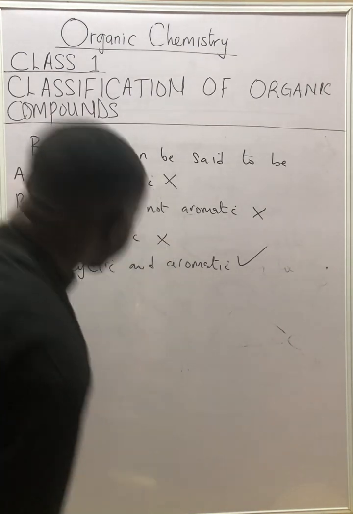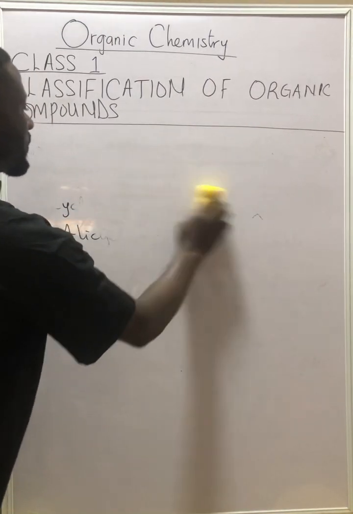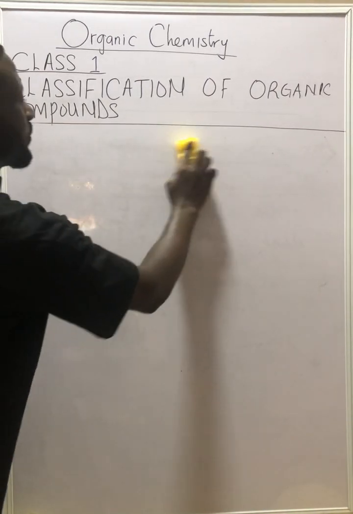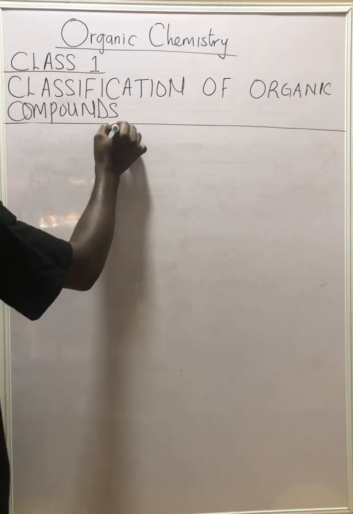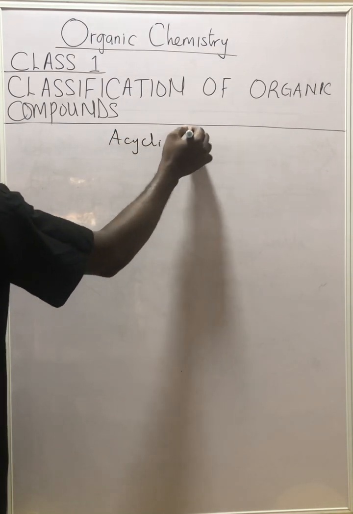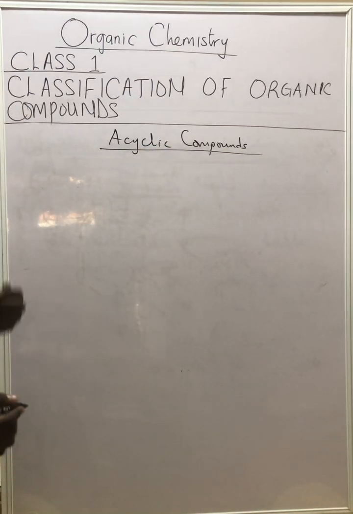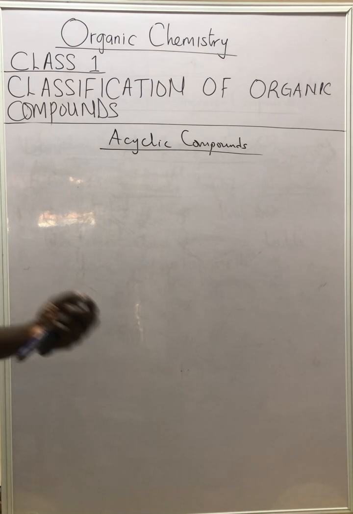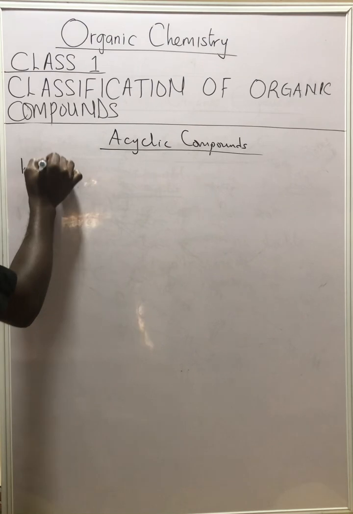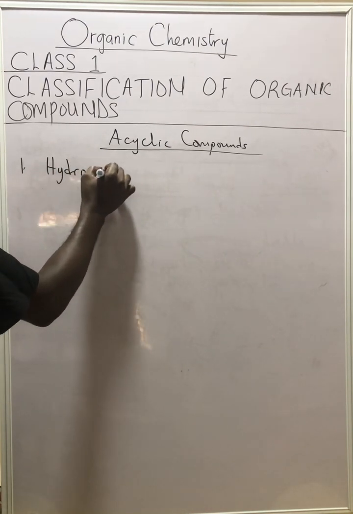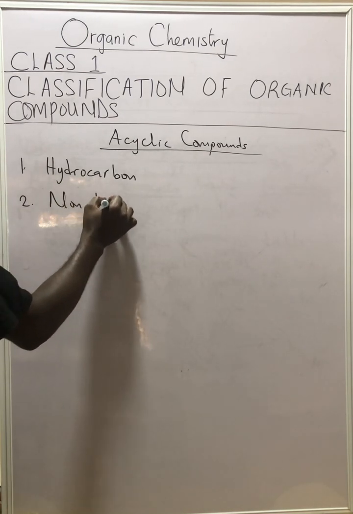Now, the other part of this is the acyclic compounds. I love to put them into two: one, hydrocarbon; two, non-hydrocarbon.